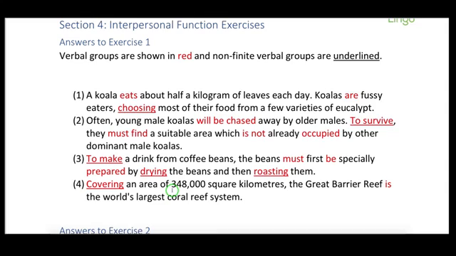And in number 4 here, covering an area of 348,000 square kilometers, covering is non-finite, it's just the ing form on its own. So that's obviously a dependent clause right there. And here is the independent clause with the finite verb group is. I'm just going to scroll back to the top now.